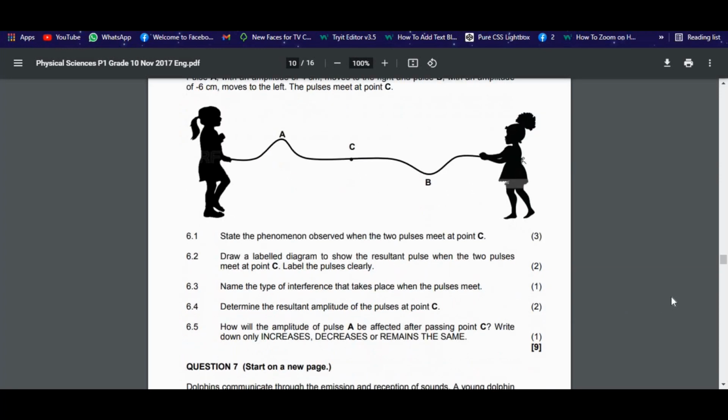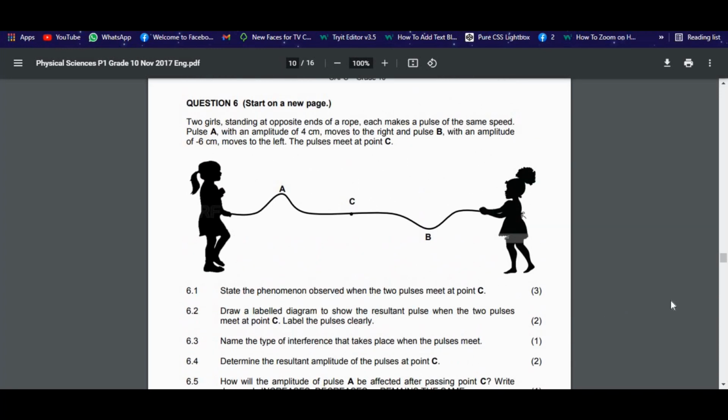I'm going to go through the questions with everybody, and then I'll give you one to do on your own. It may be from another paper, but let's do this paper together. Question 6.1: state the phenomenon observed when 2 pulses meet at the same point.